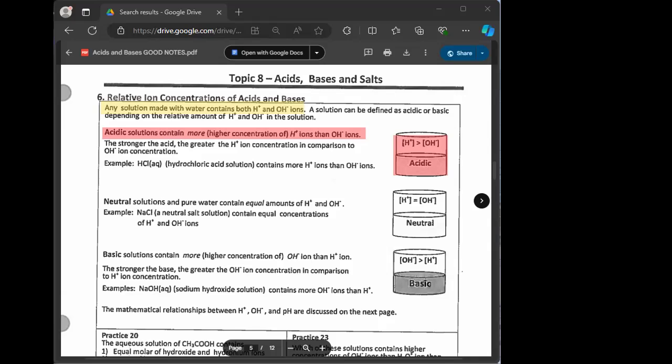Okay, and then the stronger the acid, the greater the OH ion concentration.